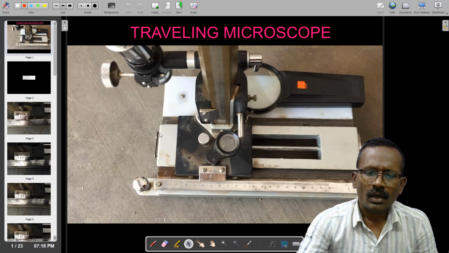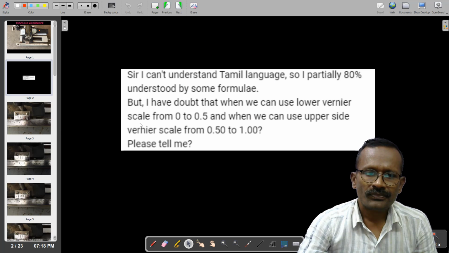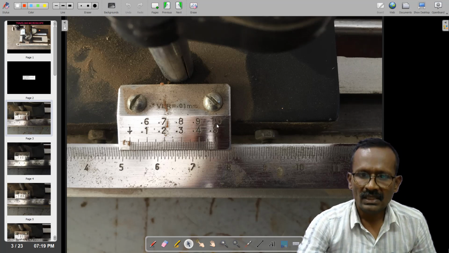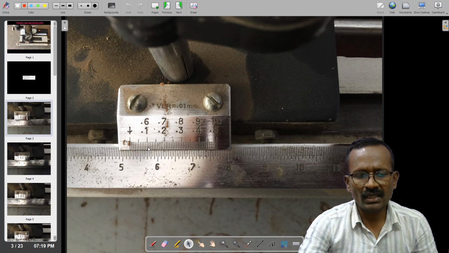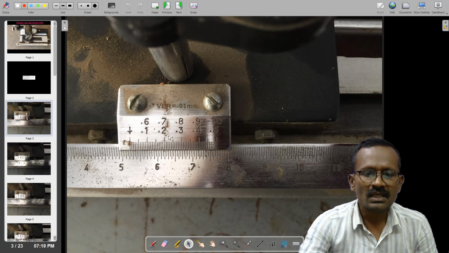Now the question: when can we use the lower scale from 0 to 0.5? See, I'll tell you. This picture will be very clear, I think. See, the question of the comment, the viewer is, they have printed 0.1.